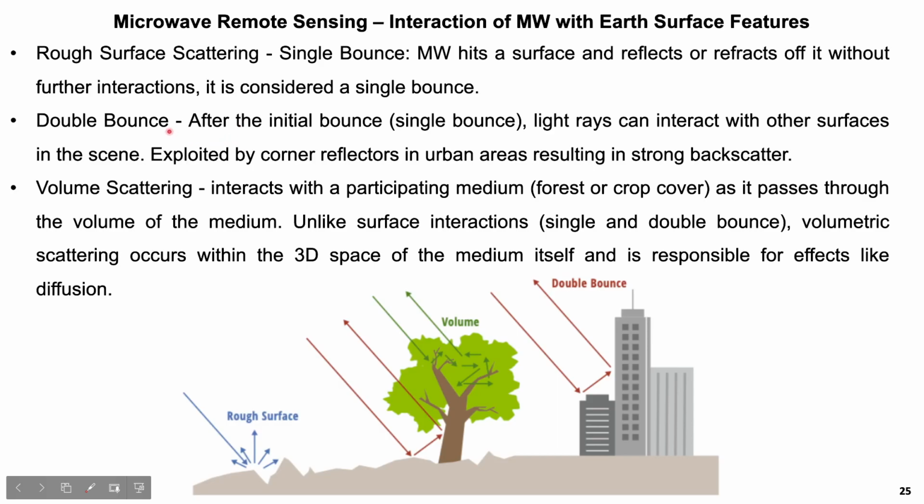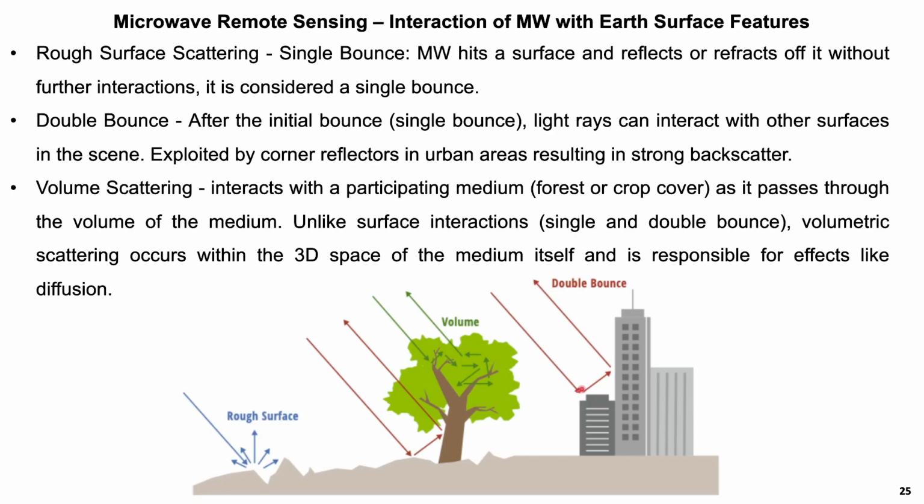And the second type of interaction is a double bounce, where after the first interaction it is going to hit some other place. So in case of urban area, this is your transmitted pulse, it has hit the building, but because of the adjacent features, instead of going directly to the receiver, it's going to hit another part of the building, and then it's going to be received.